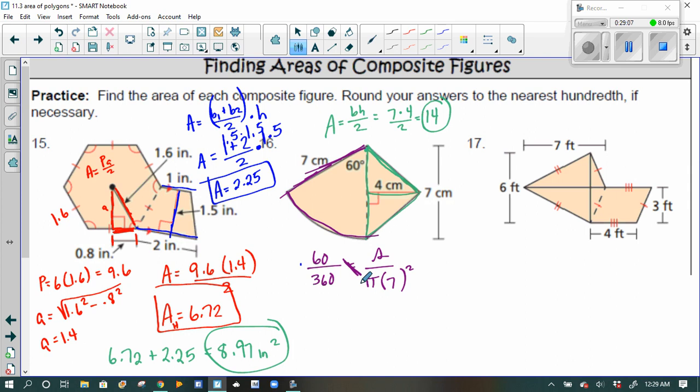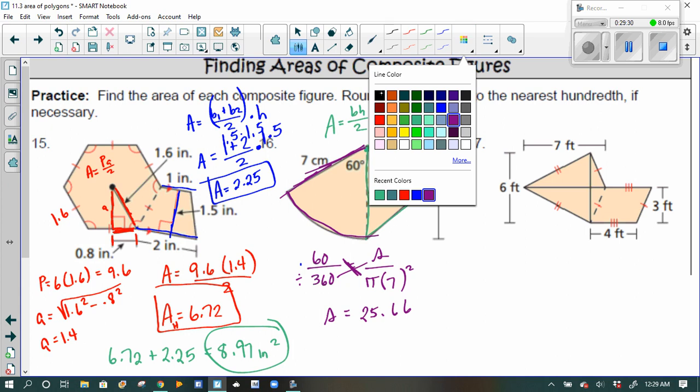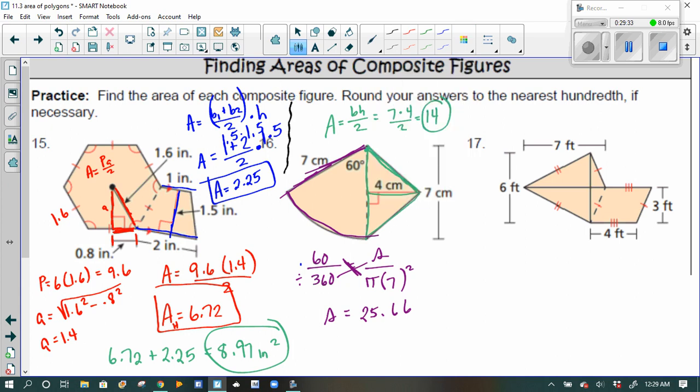So 60 times 49 pi, because 7 squared is 49. And then we're going to divide by 360. So 25.66. So the area of the sector is 25.66. And I'm going to do a little squiggly to keep these two problems separate.